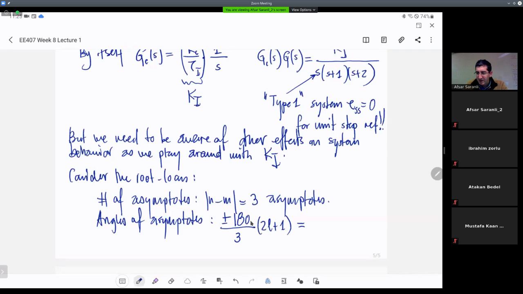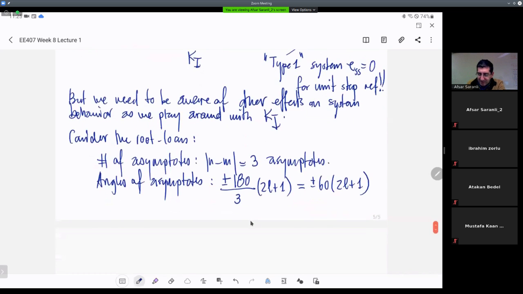So this gives us plus minus 60 degrees, 2L plus 1, an odd number of them. That gives us unique angles of plus 60, minus 60, and plus minus 180 degrees. These are our three asymptotes.